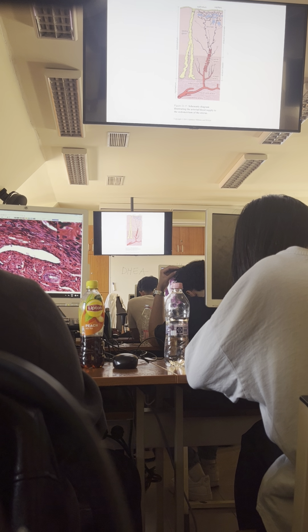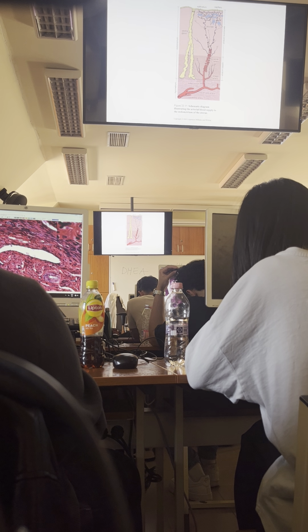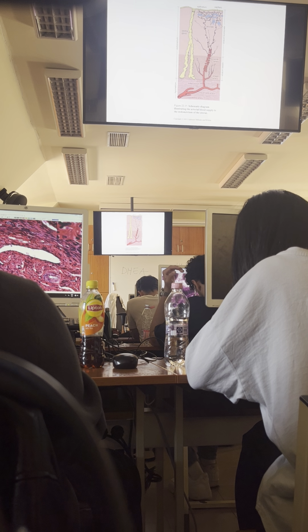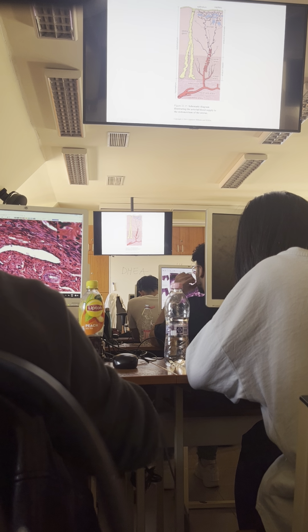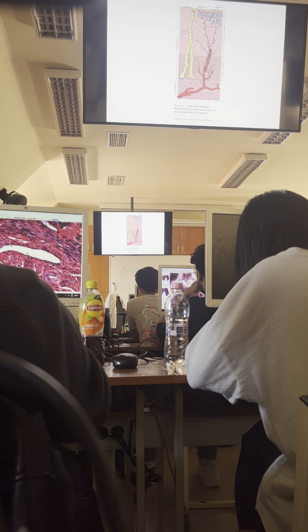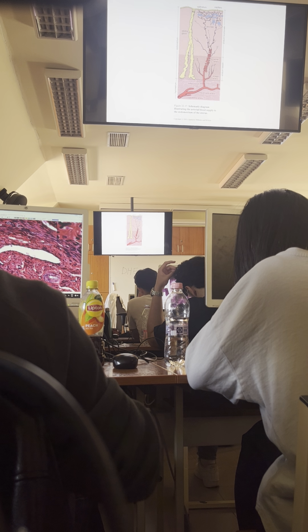Now, the spiral artery appears in the secretory phase, in the second half. During the first half of the cycle, in the estrogen phase or proliferative phase, still there is no spiral artery. So this is also a difference, that spiral arteries appear in the secretory phase.